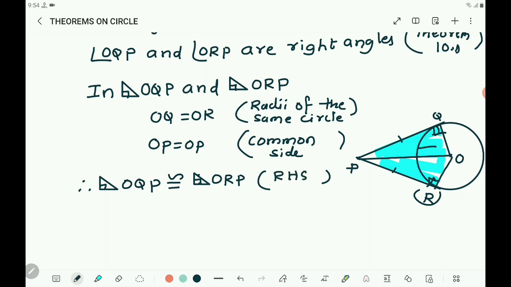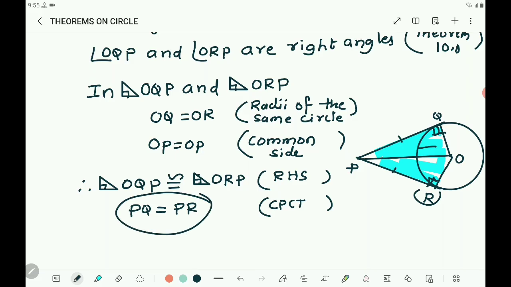So write RHS. Then you can say that according to CPCT, PQ equals PR. Right? CPCT, corresponding parts of congruent triangles. So I got the result here, PQ equals PR.